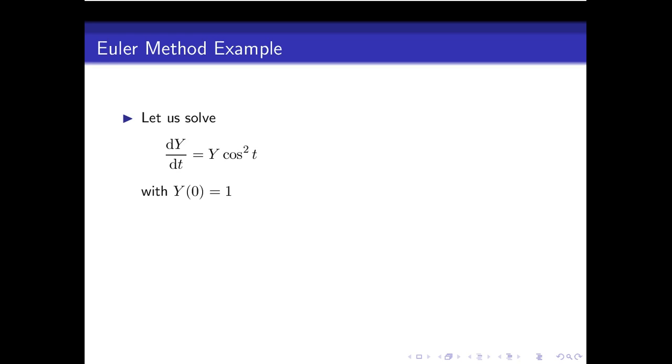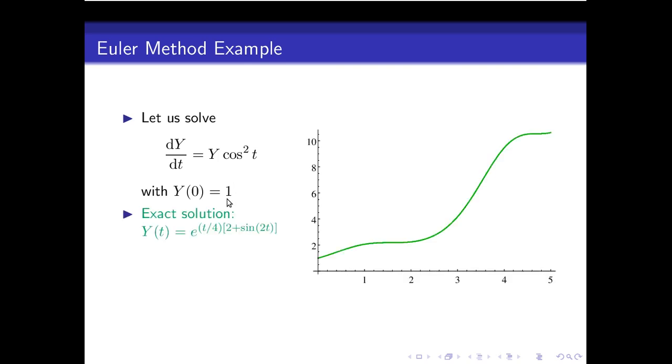So let us see an example. Let us solve this equation: dy/dt is equal to y times cos squared t. You can solve it analytically; it's not very tough. Remember that you are given the initial condition y0 equal to 1. So this is the exact solution.